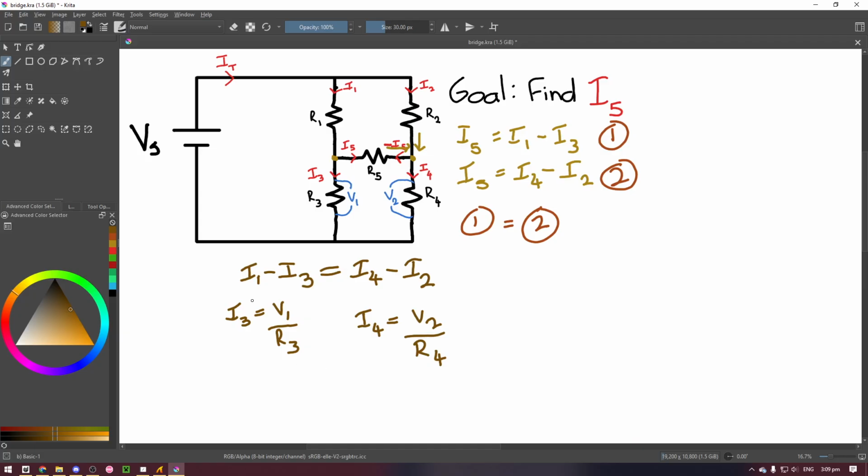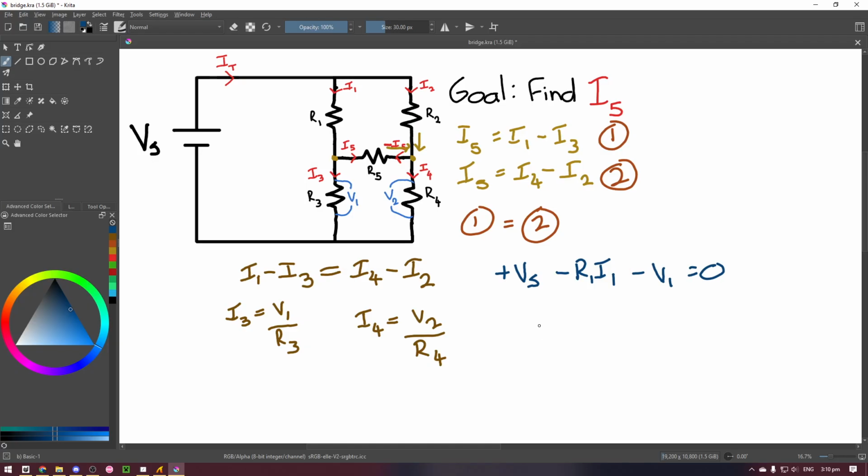The next thing we want to do is find I1 and I2. And we can do this with Kirchhoff's voltage law. First, we can do a loop around this loop, going through the voltage source, through resistor 1, through resistor 3. We'll have plus the voltage source, minus the voltage over R1, which we can write as R1 I1, minus the voltage over R3, which is V1, equals 0.